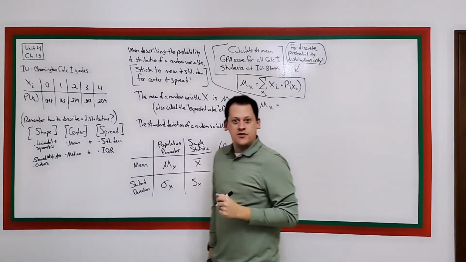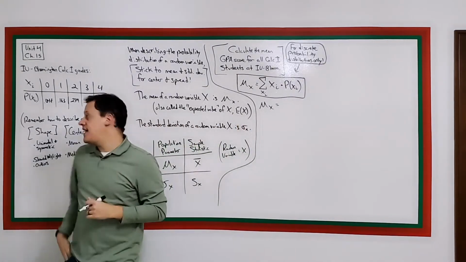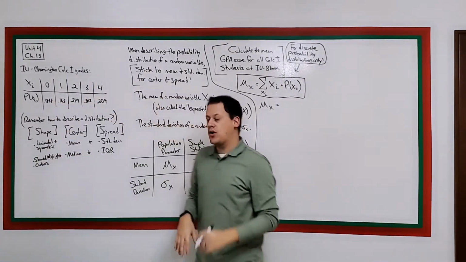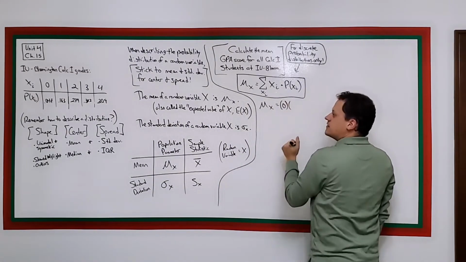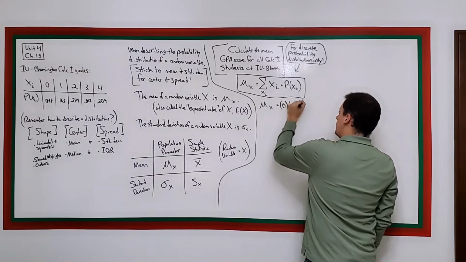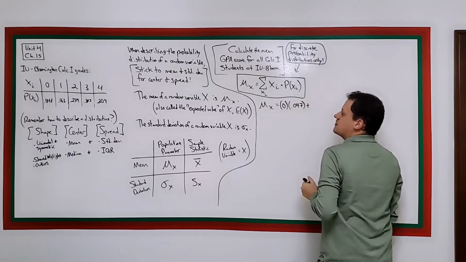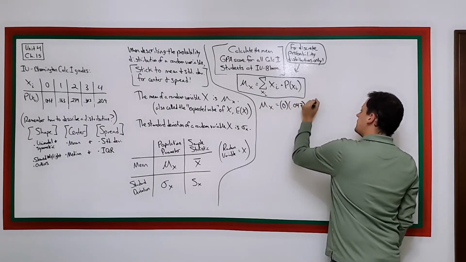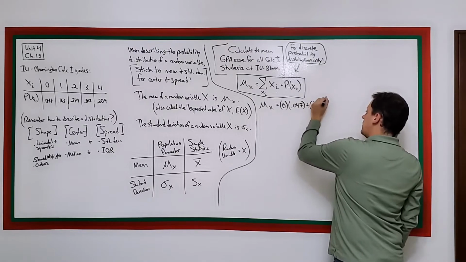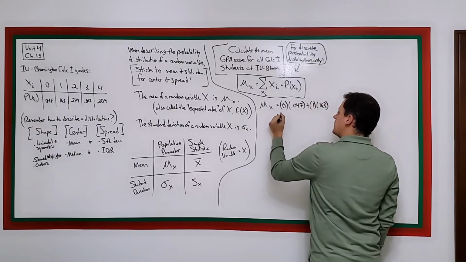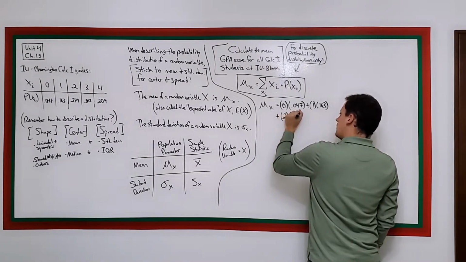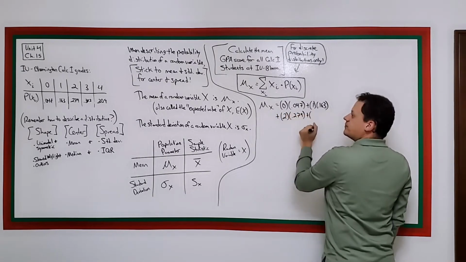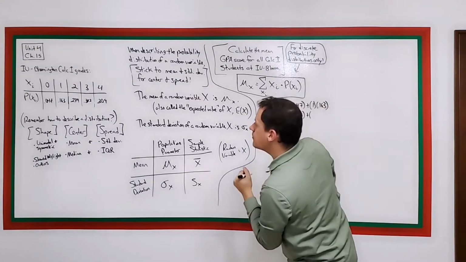So let's take it for a spin, shall we? Let's actually take all the xi values times their probabilities. So this is going to be 0 times 0.047 plus 1 times 0.163 plus 2 times 0.279 plus 3 times 0.30.